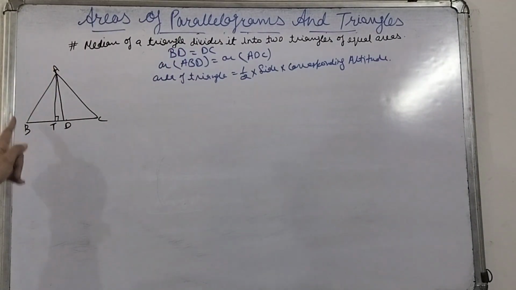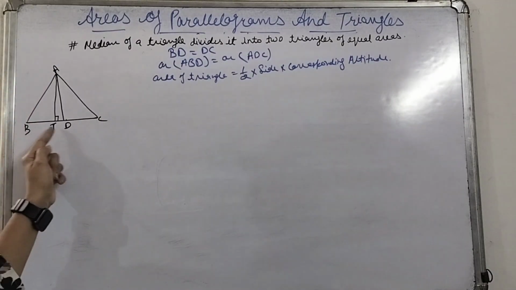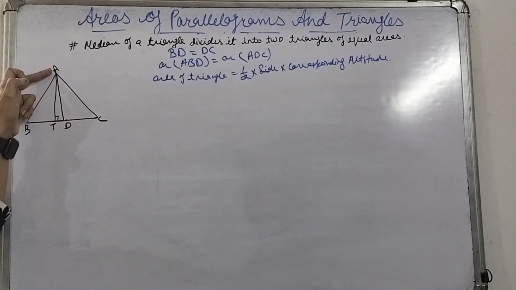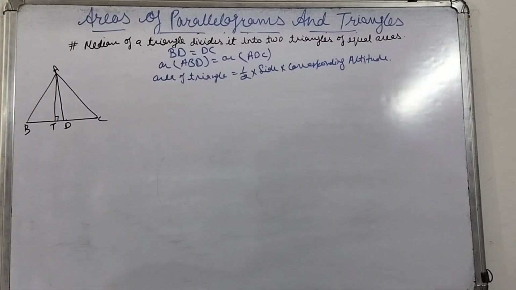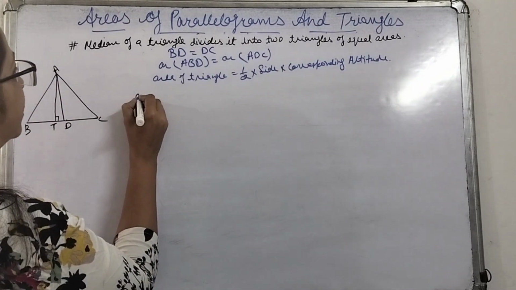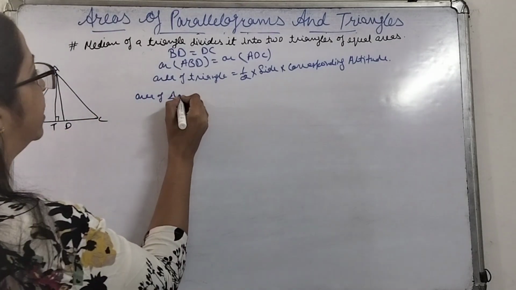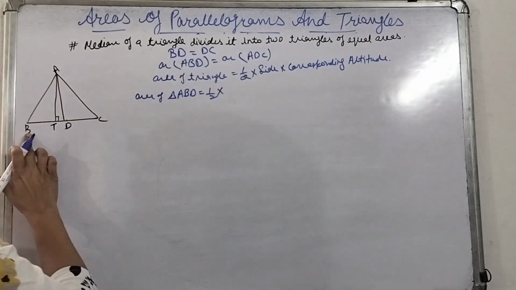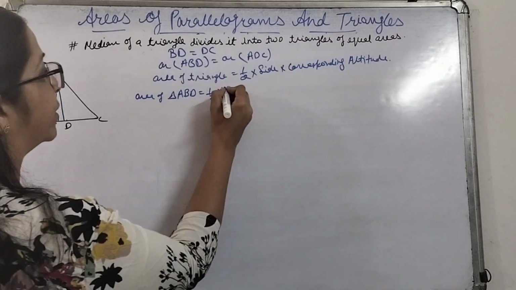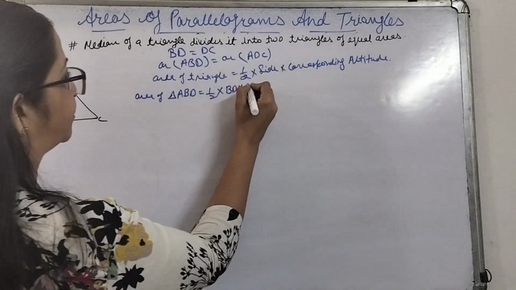So in triangle ABD, we have drawn a perpendicular on the side BC from the vertex A, that is AT. This is the altitude on the side BC. Now the area of triangle ABD will be 1/2 into base BD and the corresponding altitude AT.